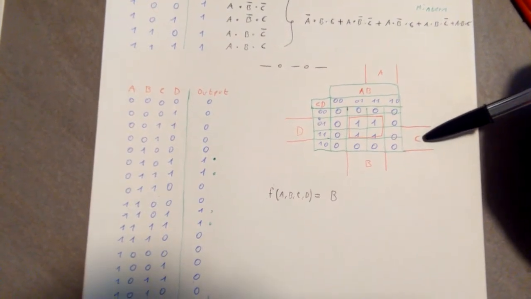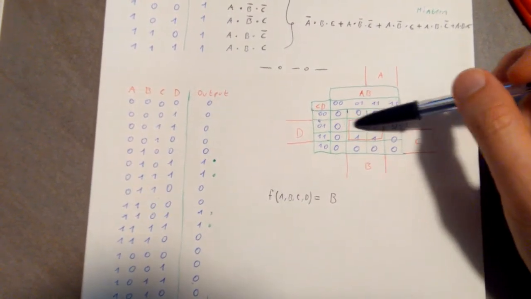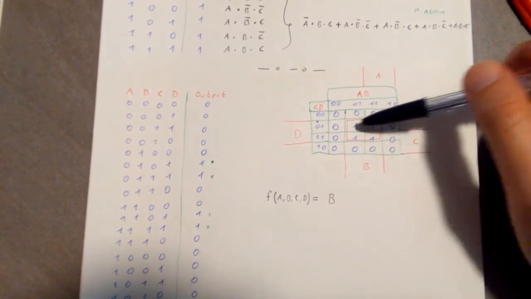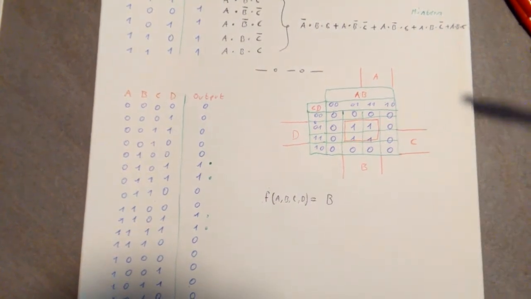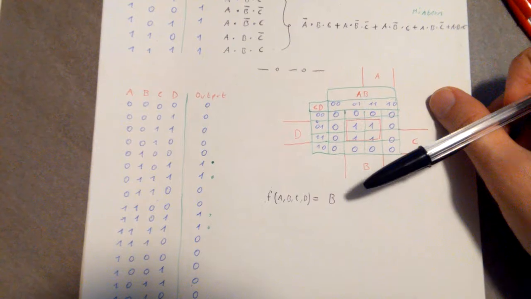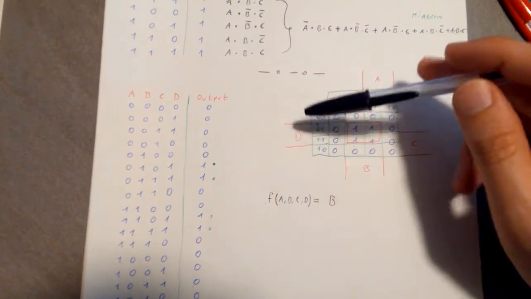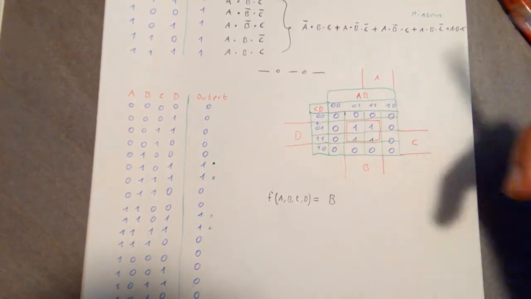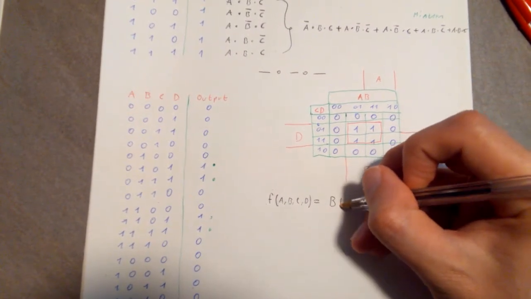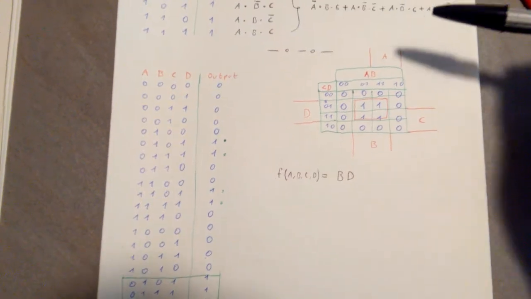Then I'm going to look at C, and C covers these two areas, but part of this group is actually outside C, so I'm not going to put anything for C. And then I'm going to look at D, and D covers everything, so it's all inside D. So I'm going to say, okay, B, D. And this is my expression for this whole messy table.